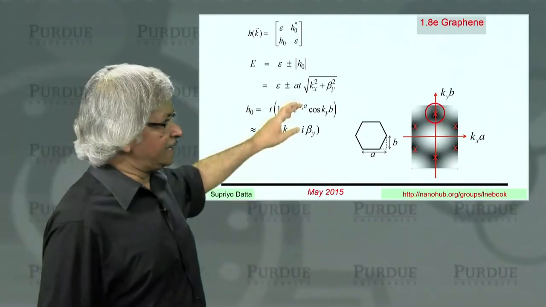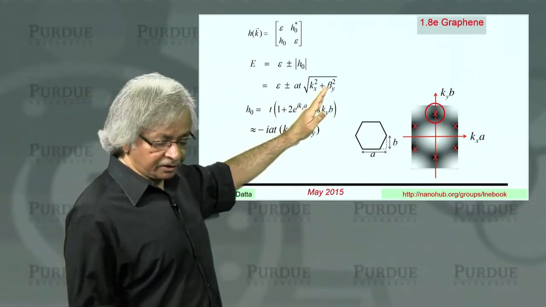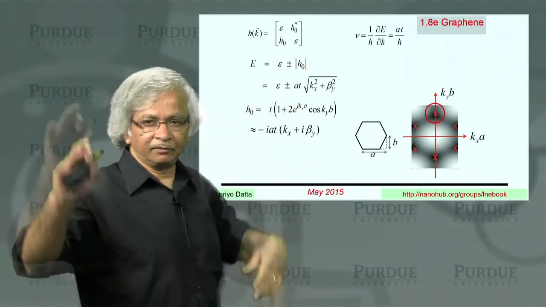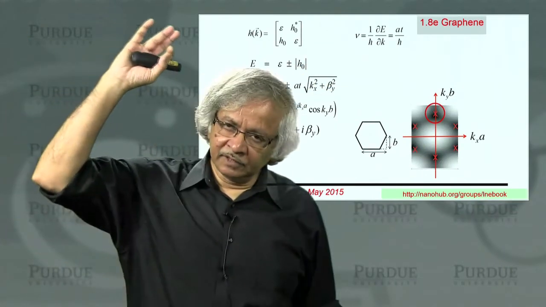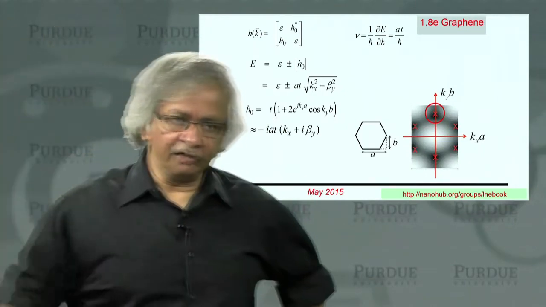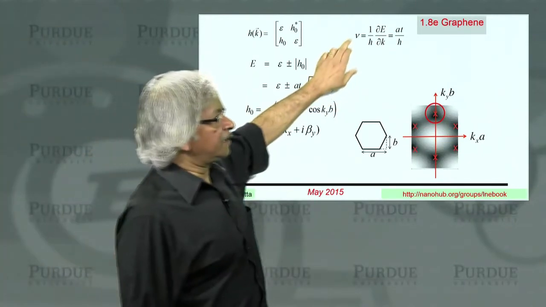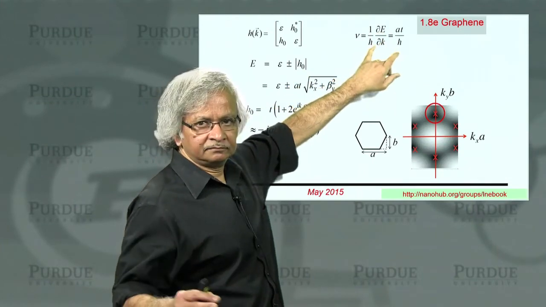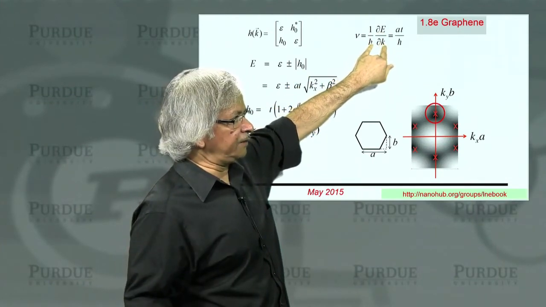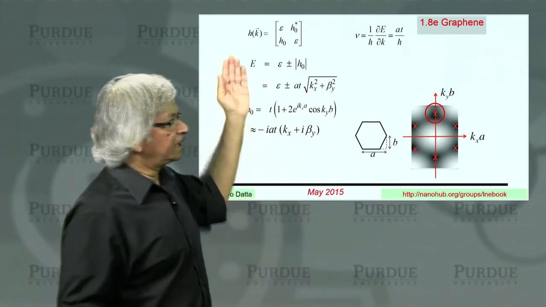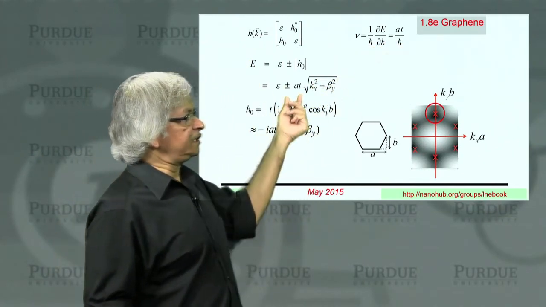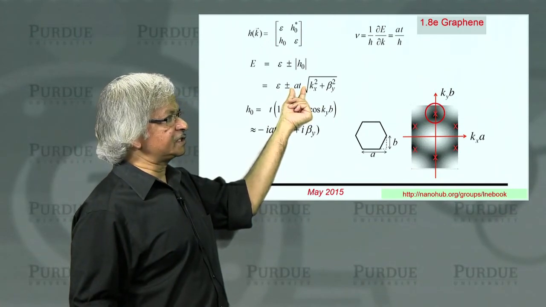But in this case, because energy is linear with k, you see the correct definition for v, and this is something we talked about in part A of this course, that the correct definition of v is derivative of E with respect to the momentum, that is h bar k. And because E is proportional to k, dE dk is just at.